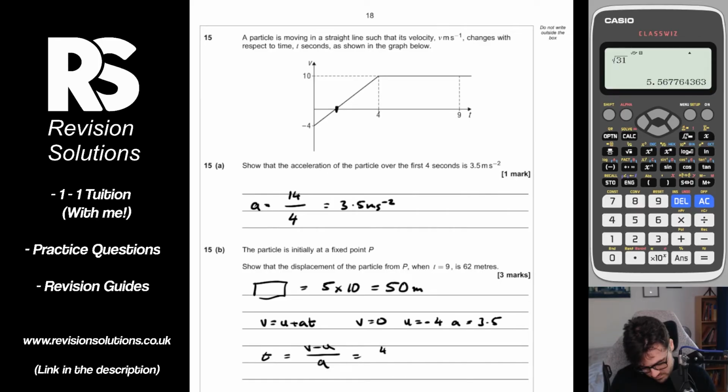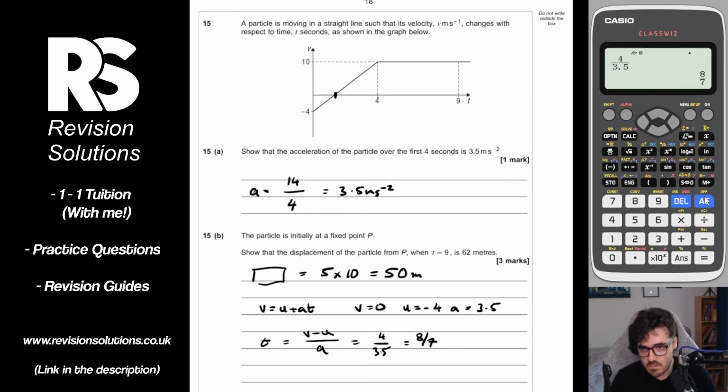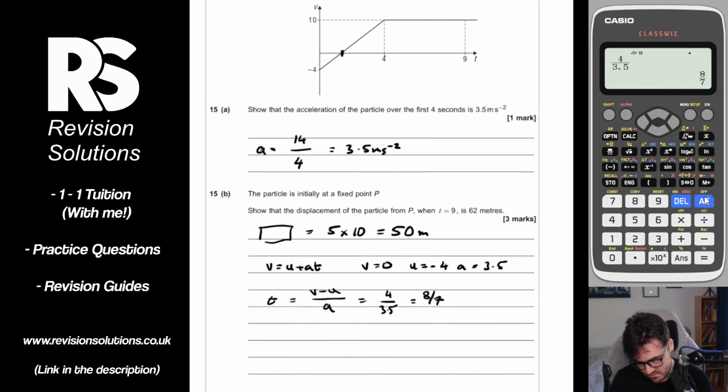So 4 over 3.5. Let's just simplify that using our calculator. So 4 divided by 3.5, that's 8 over 7. So now we know that that point is 8 over 7.